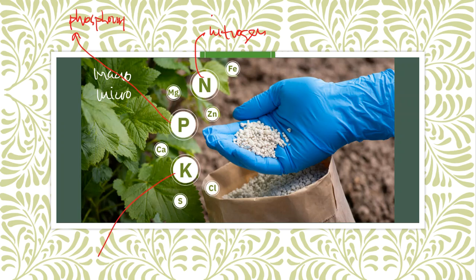And then K is also coming from the periodic table, and K stands for potassium. So what we're looking for in most fertilizers are 3 numbers, and those 3 numbers refer to the N, the P, and the K concentration. So the nitrogen, the phosphorus, and the potassium.